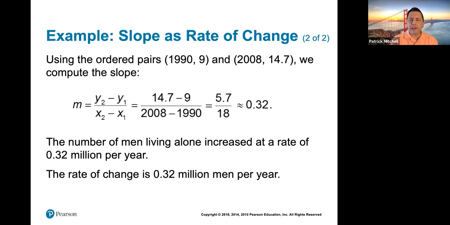The rate of change is 0.32 million men per year. So remember, the number of men in millions is y, and the year is x. So y with respect to x changes at a rate of 0.32.